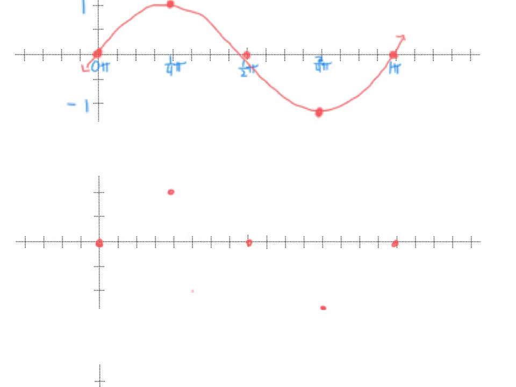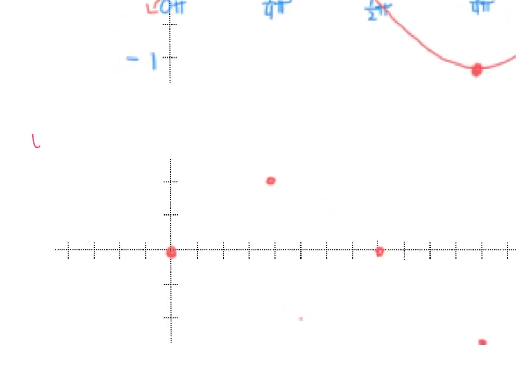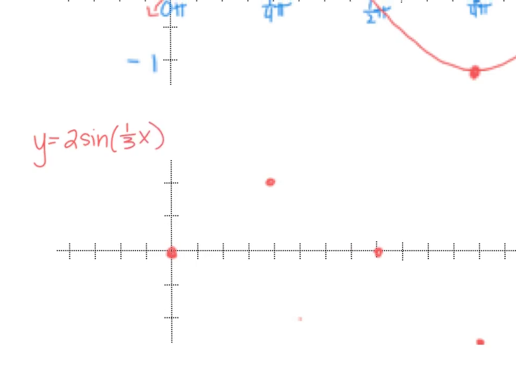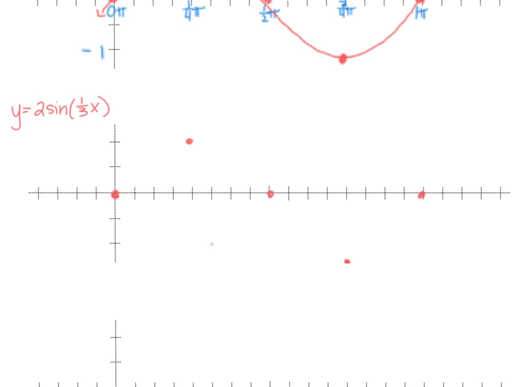If that's the 5 sine dots, this is the equation for it: y equals 2 sine 1/3 x. All right, so that's the equation. Now label it to match the equation.